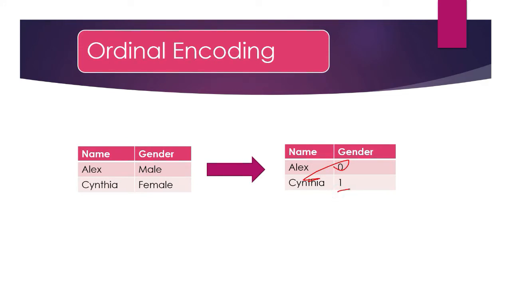Now you can see that we have categorized male as 0 and female as 1, but there is a problem with this approach. The reason is that most of the algorithms consider it as a difference. What do I mean by that? Most of the algorithms can consider that 1 is greater than 0. Or let us say we have more than two categories: 1, 2, 3, 4. In that case, machine learning models will start assuming that 2 is greater than 1 and 3 is greater than 2.